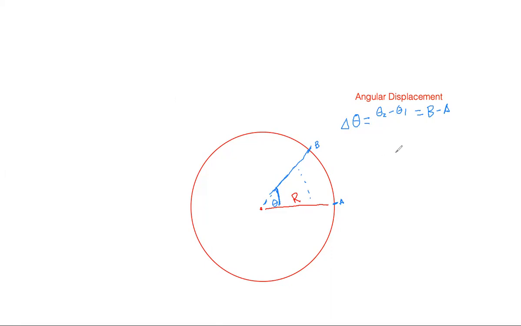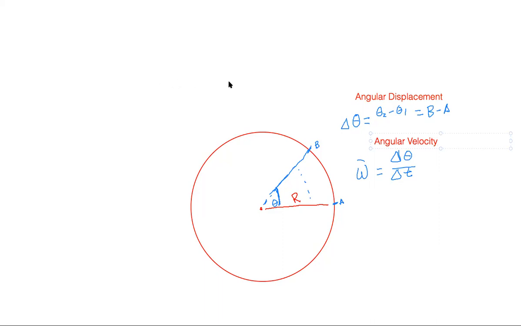Really what I want to know is how much my theta changed per change in time. Let's say in 1 second, how much did I open up? In 2 seconds, how much did I open up? In 3 seconds, how much did I open up? And this is what I'd call my angular velocity. Okay, so just to define the idea, this is angular velocity.